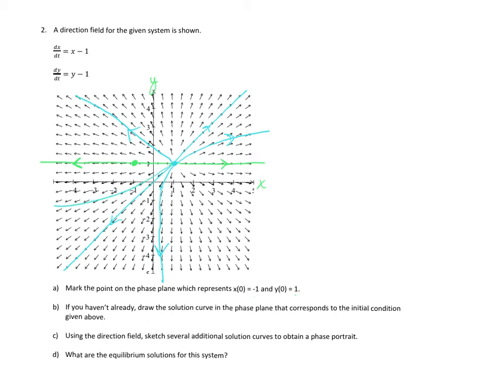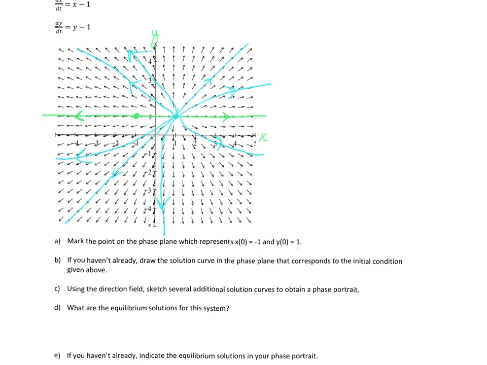I'm just randomly following the arrows here. Something like that. Oh, and I should do maybe a couple more over here. Okay. So that's a phase portrait.